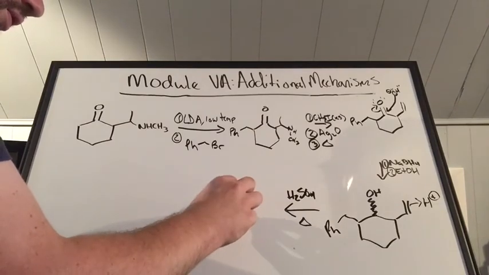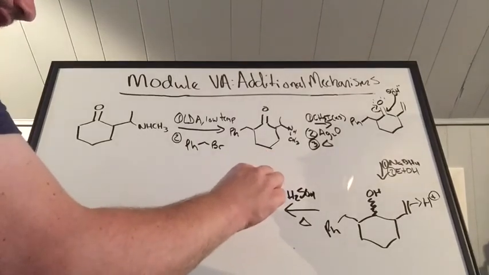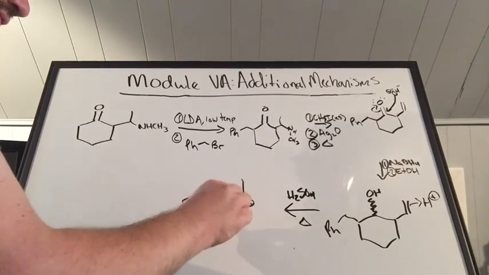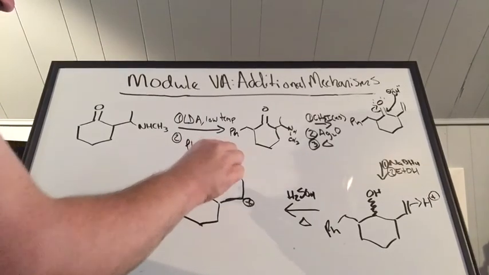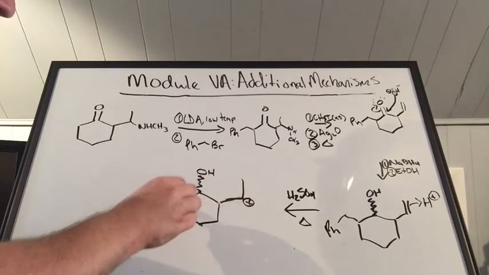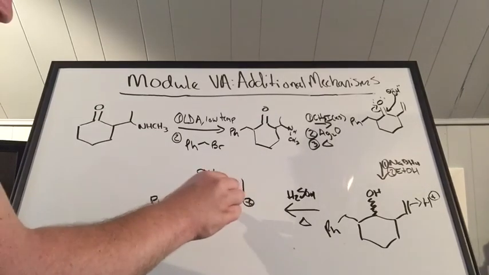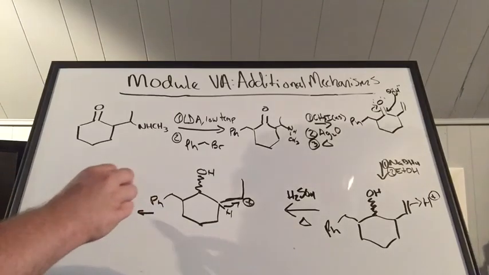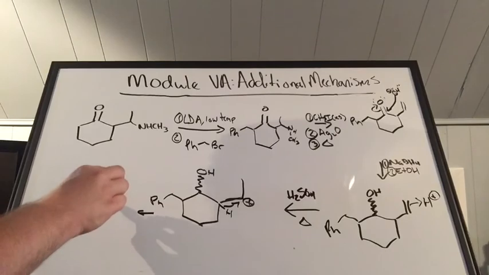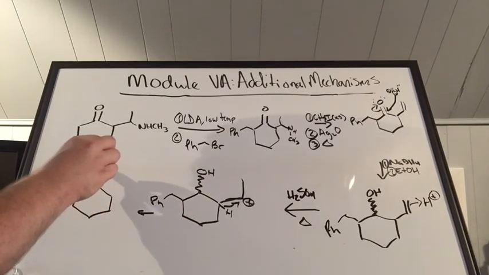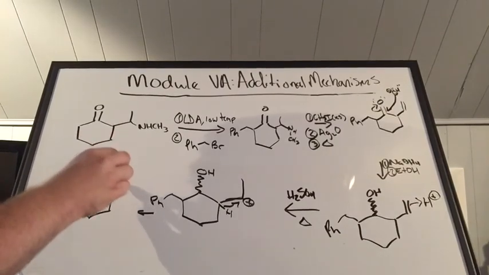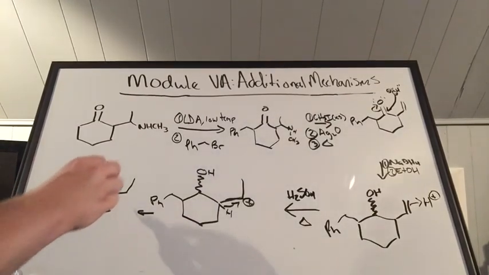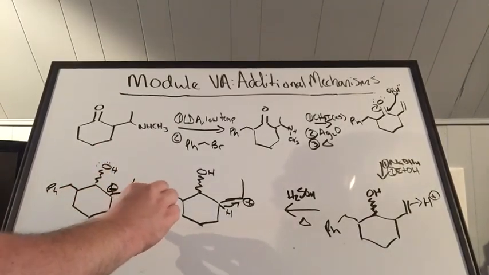So the most stable carbocation you're going to see, since we can assume this is going to be under protic conditions, is going to be a shift over, so it's going to be a hydride shift. Okay, so I'll just put a tilde.